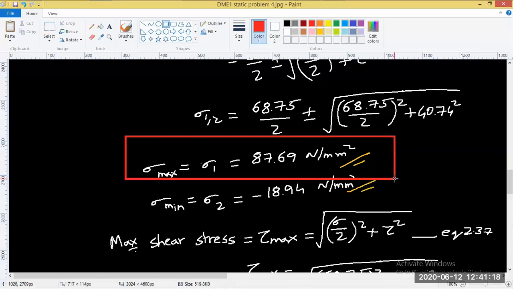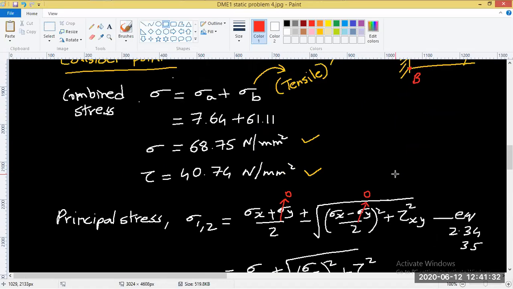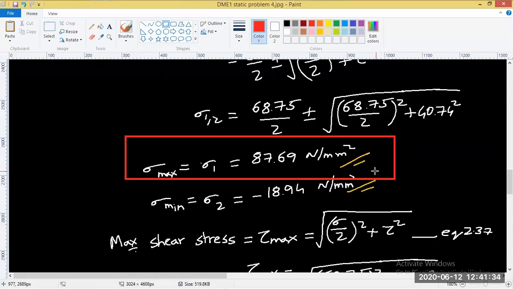For designing or extracting the material properties, we need to take this particular value here. This 87.69 tensile at this point A is what the maximum stress is being encountered in this problem, right?